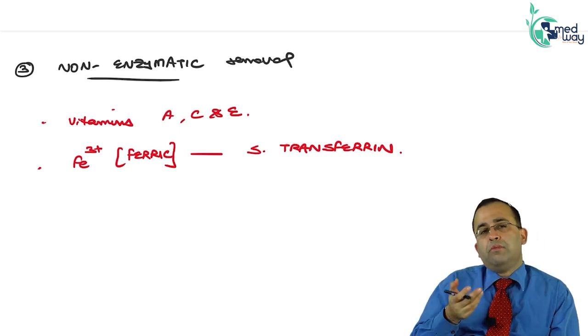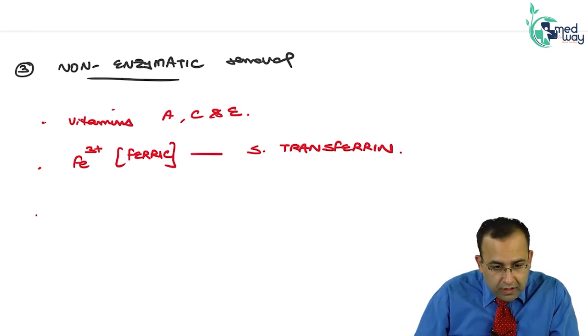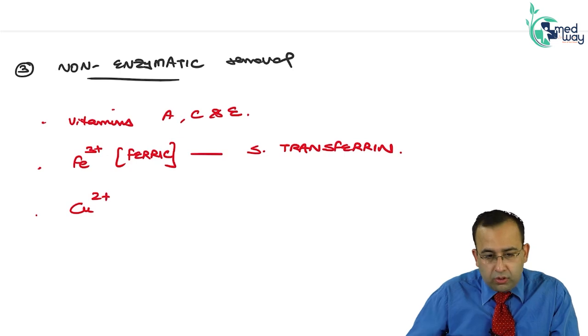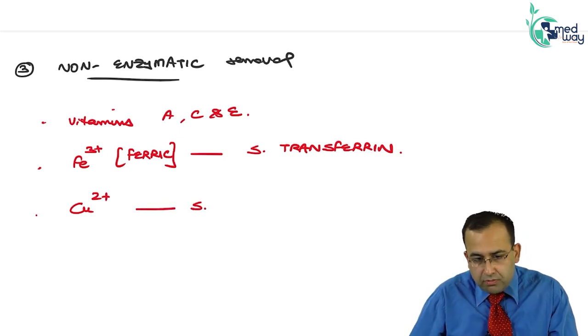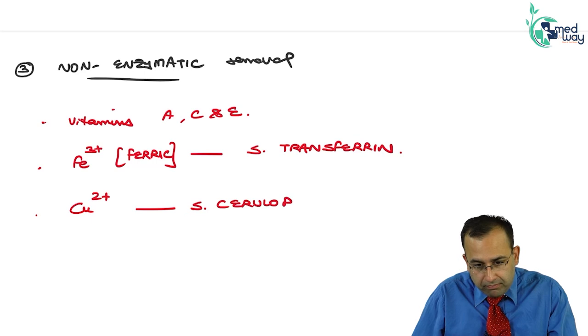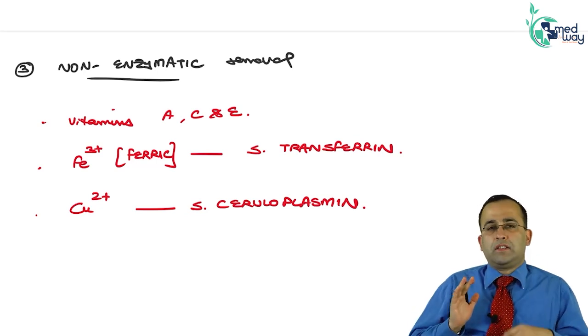So non-enzymatically, ferric को किसने remove किया? Serum transferrin ने. Next, which is the transport form of copper? Cu2+, copper, which is getting transported in blood, bound to serum ceruloplasmin. So ceruloplasmin is helping in non-enzymatic removal of free radicals.